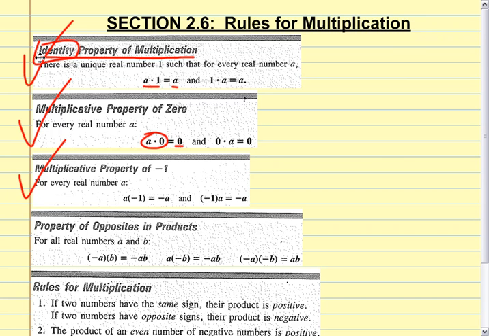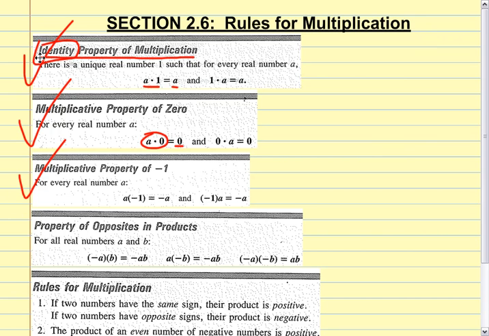Here. Okay? The property of opposites in products. Guys, if the two numbers have different signs, when we multiply them, the answer is negative. If they have the same sign, the answer is positive. Okay? So a negative times a negative is a positive because they both have the same sign.